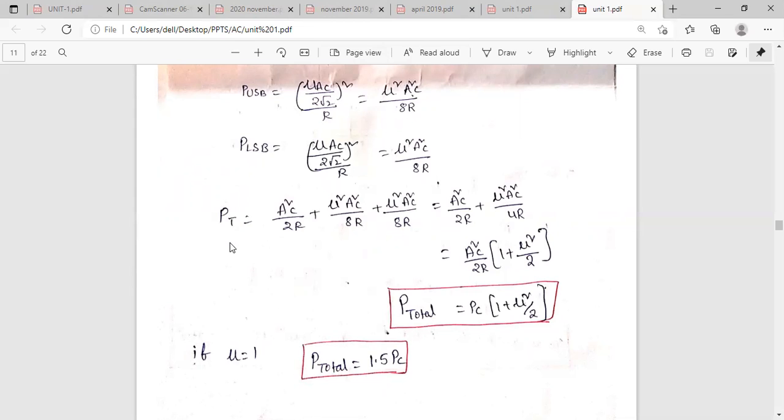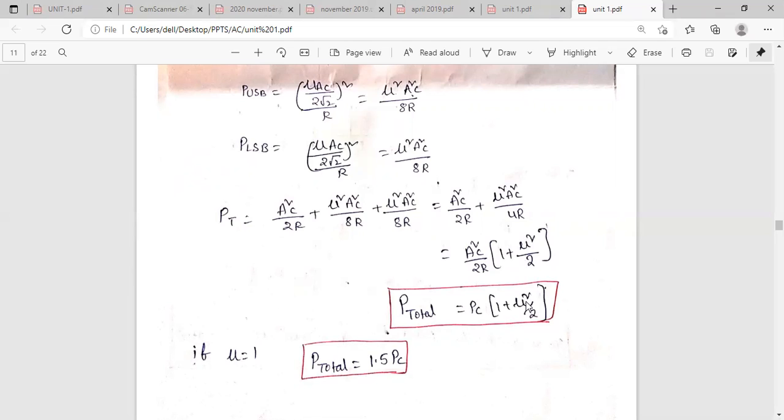So what is the total power? Total power is equal to the carrier power plus the total sidebands power. You can get the total power is equal to the carrier power into 1 plus mu squared by 2, where mu is the modulation index. For 100% modulation, mu will be equal to 1.